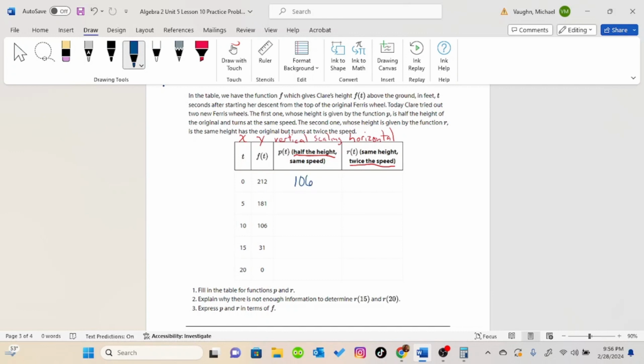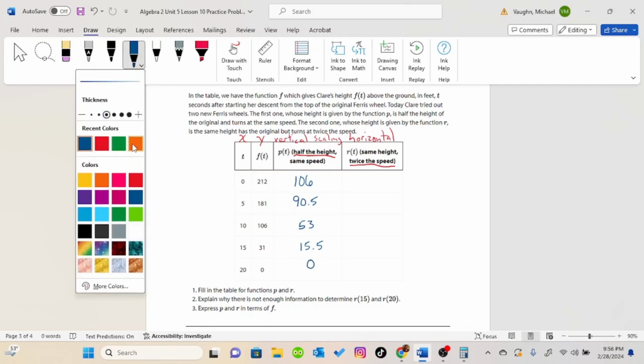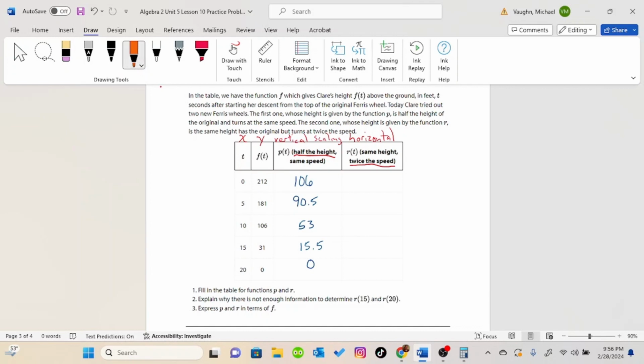Half of 181 would be 90.5. Half of 106 would be 53. Half of 31 would be 15.5. And half of 0 would be 0. Next, we're doing a horizontal scaling.